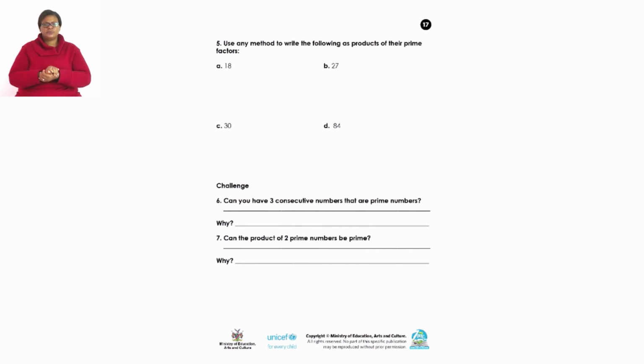It's also a challenge here, which is number 6, for you to try. Can you have 3 consecutive numbers that are prime numbers? Just a question, yes or no. And there is also space for reasoning why. And then number 7, can a product of 2 prime numbers be prime?